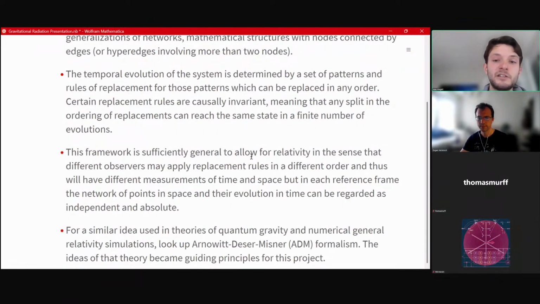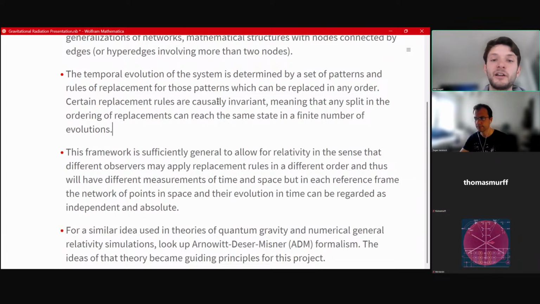So it's sufficiently general to allow for the ideas that are encapsulated in relativity, in the sense that different observers could apply replacement rules in different orders depending on their state of motion within this network. And therefore they can measure different notions of time and space depending on the way that they apply these rules.